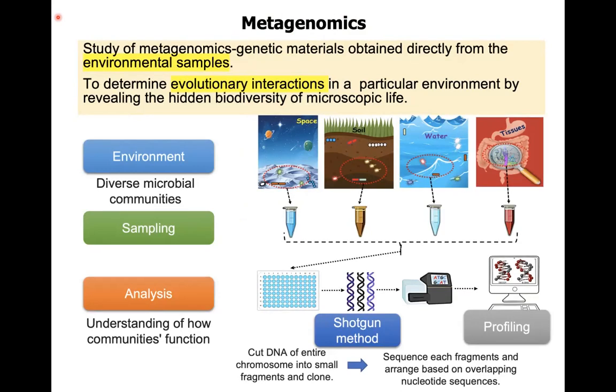Is the genetic materials obtained directly from the environmental samples. Okay, is to determine the evolutionary interaction in a particular environment by revealing the hidden biodiversity of microscopic life. Okay, dalam ni kalau kita ambil from the environment, contohnya daripada space ke kita bawa balik, daripada soil, daripada water, daripada tissues, okay, these are all metagenomic.